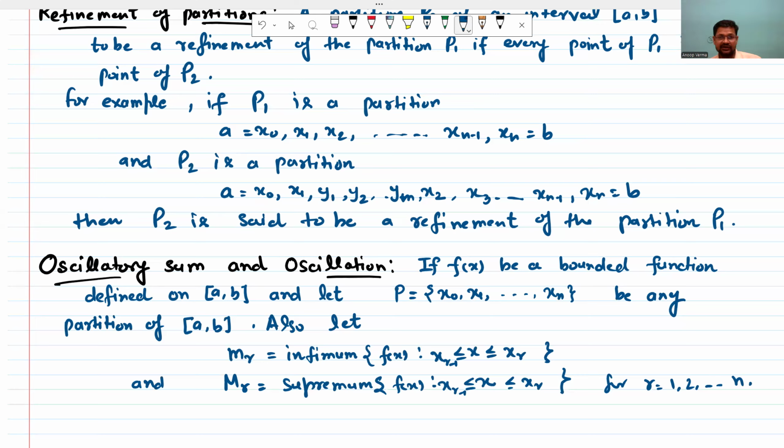Okay, because there are n plus 1 points. And as we know, delta r was the length of the subinterval.